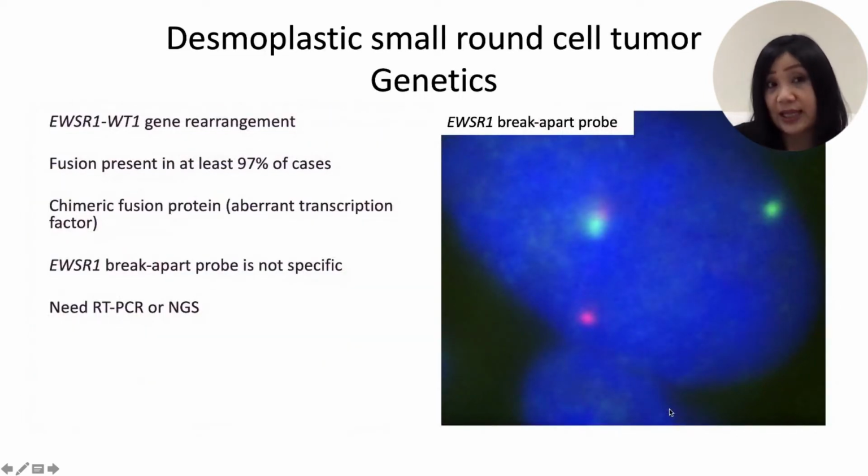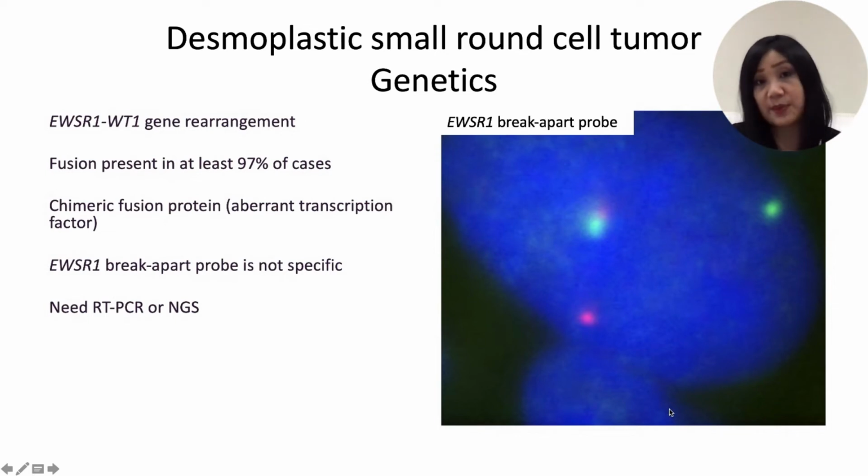So these tumours are defined by EWSR1-WT1 gene rearrangement, present in almost all cases, at least 97%, and this generates a chimeric fusion protein which acts as an aberrant transcription factor. So we already know from Prof's lecture that EWSR1 break-apart probe is not specific. So if we see EWSR1 break apart with FISH, unless it is a very distinct morphology with the correct immunohistochemistry, we cannot define that it's a desmoplastic small round cell tumour.